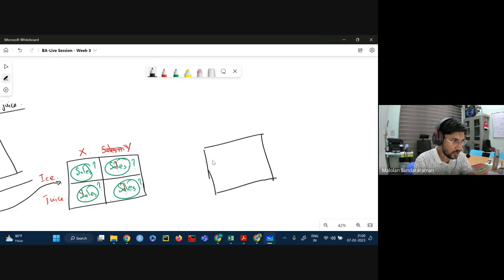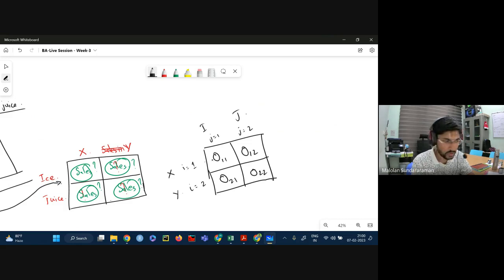If this is your contingency table, this is O11, O12, O21, O22. This is I equal to 1, I equal to 2, J equal to 1, J equal to 2. In our case, this is X, Y, ice cream, and juices.